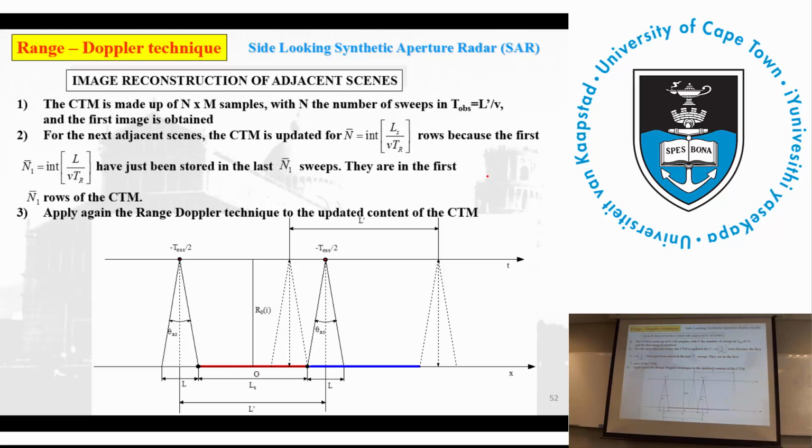What happens at the next batch? You form an image that goes from here to here, but you throw out these terms here because they are not full resolution, and you remain with this image here. When you form this other image, which is the blue, you have to start from this point and continue. There's an overlap between the first batch and the second one.